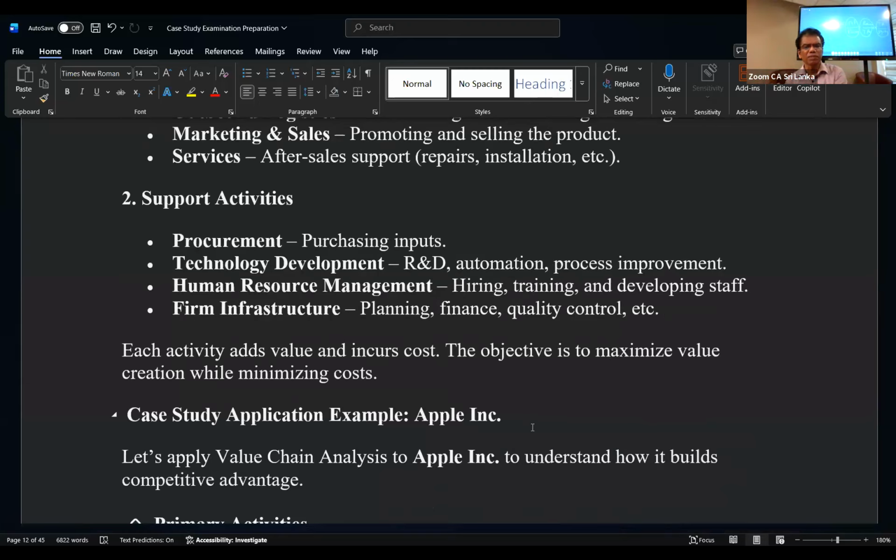Human resource management. Then there will be a big turnover, right? So the problems will be there. Then you identify those things, and then you find out how you are going to tackle them. Firm infrastructure, planning, financing, quality controls, various things. Quality control, you can now use AI and remove the human touch from quality controlling.